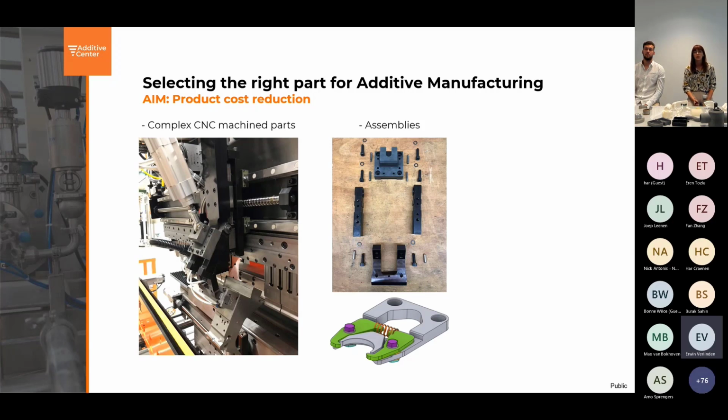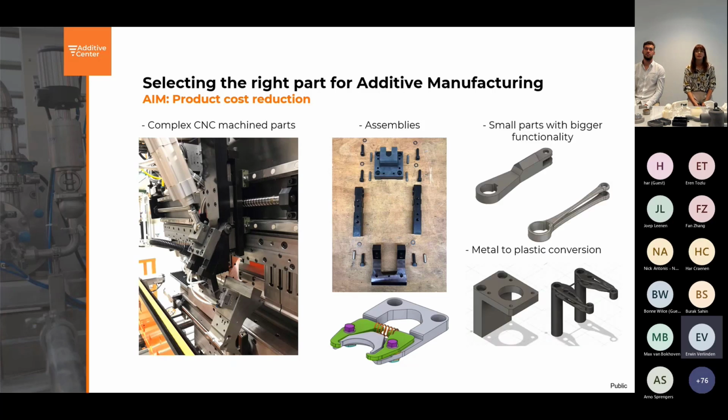So we also look at these assemblies that are not of large dimensions, so more or less small to medium size parts. And then we look at small parts that don't need to be an assembly, but they have bigger functionalities, and it's also possible to make optimization regarding the material.